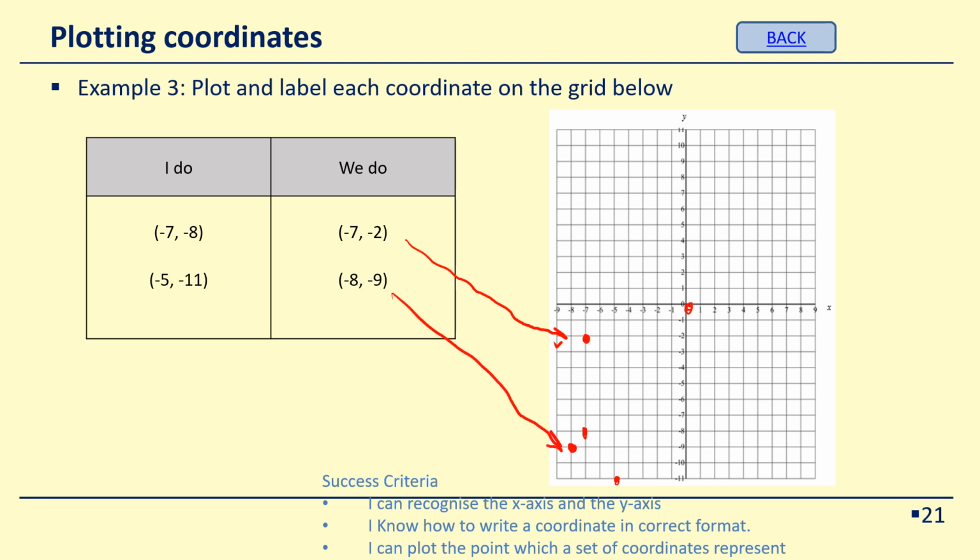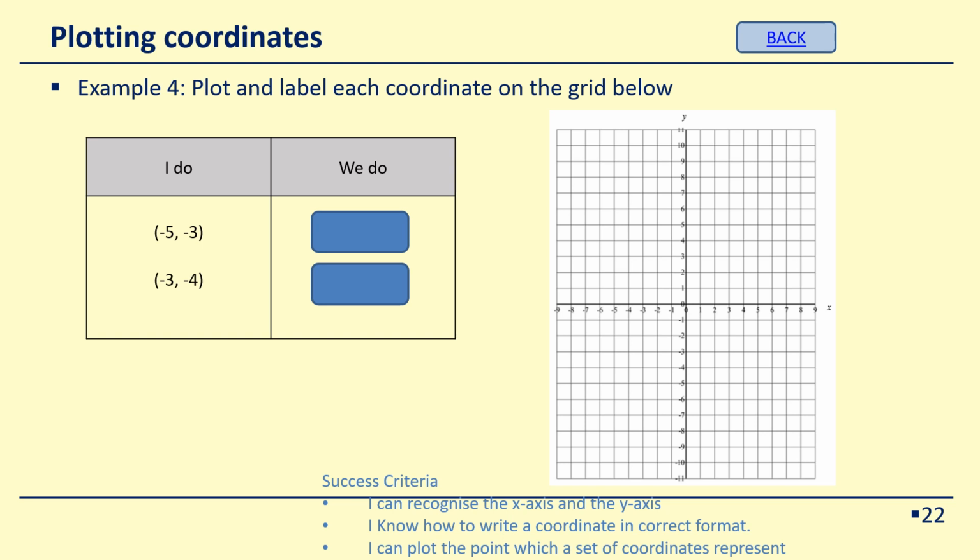Hopefully you got that right. Okay, (-5, -3): I'm going back 5 and down 3. (-3, -4) is there.